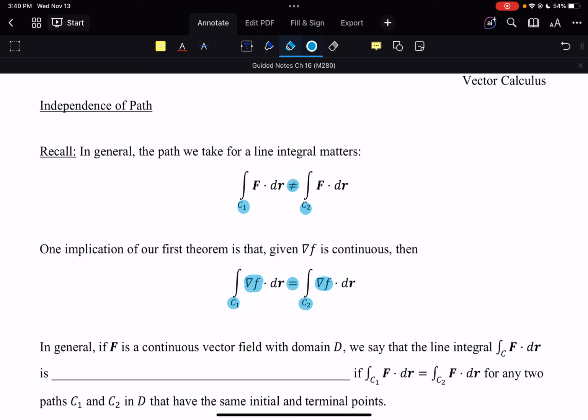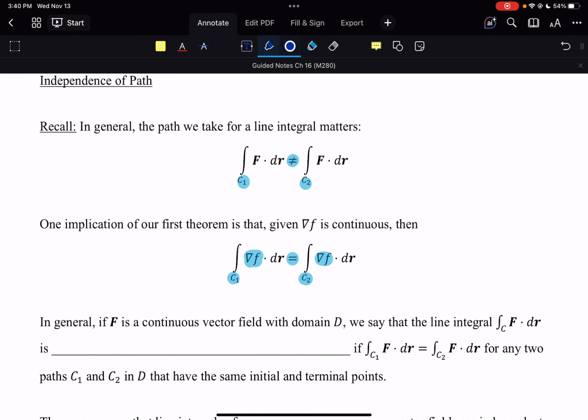So line integral over C1 equals line integral over C2 as long as we have a gradient vector field. And this is good news because then that means that the curve itself isn't really that important in determining the value of the line integral. What really matters is the vector field and whether or not it is a gradient vector field.